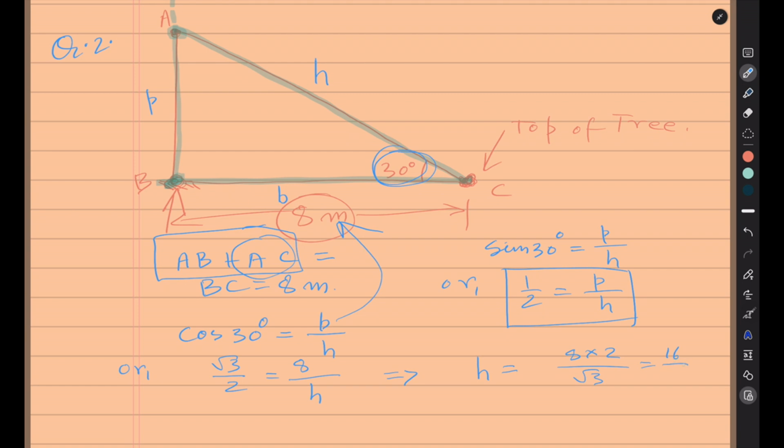So that is 16 divided by square root of 3 meter. That is H. And that is one of the sections of the tree. So that is good that we have found it. But we also need to find P, isn't it?